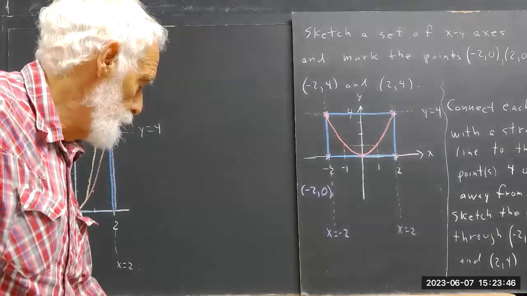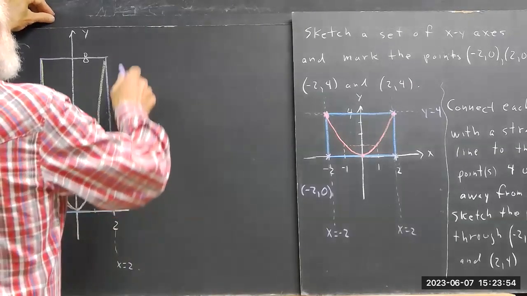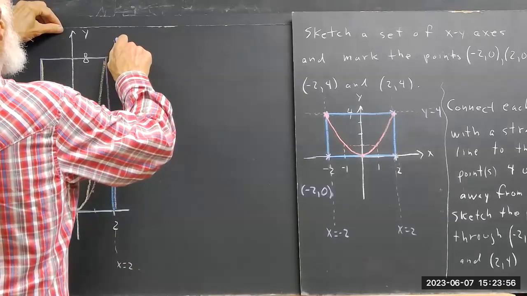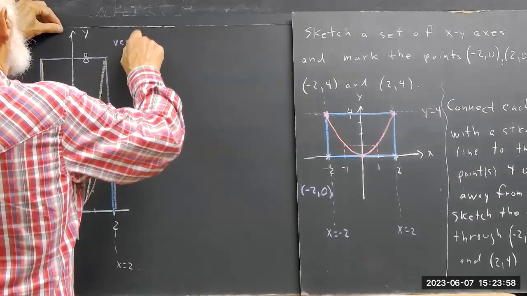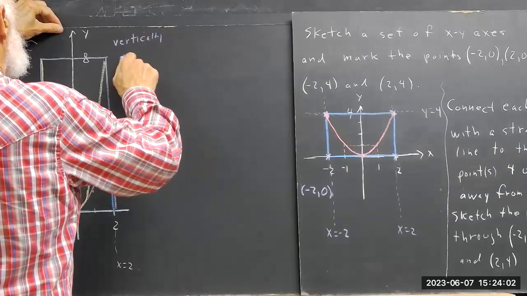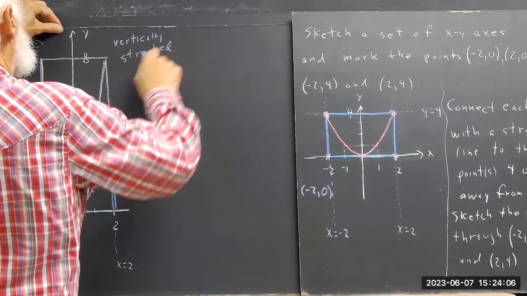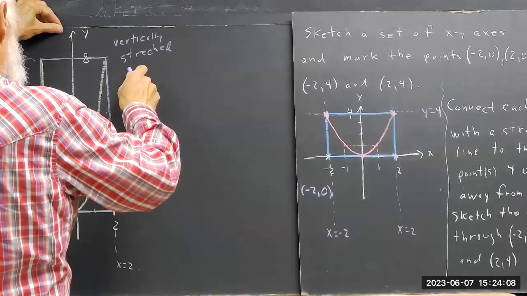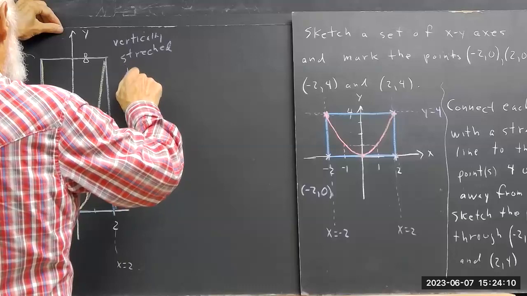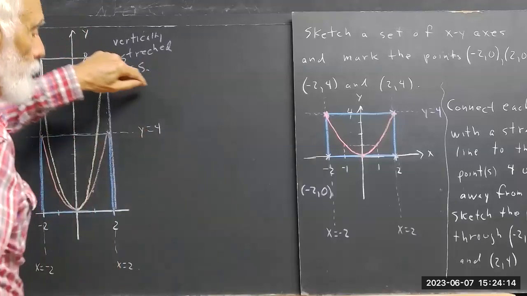You can simply double the height. And we say that I've vertically stretched, we'll call this vertically stretched, I'm going to use FS, the fundamental square.